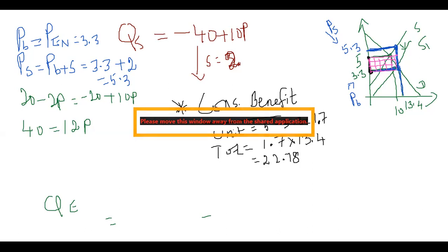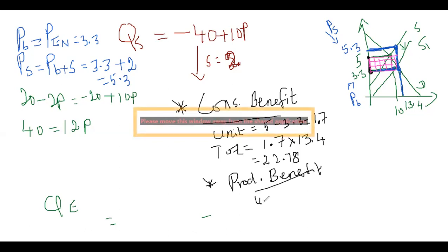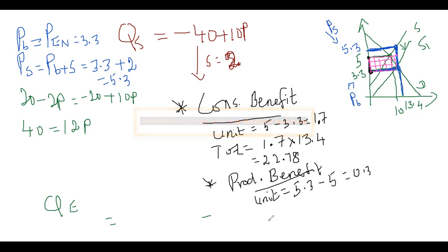Then when you come to the producer benefit, you calculate the producer benefit. Producer benefit for a unit should be seller's price minus equilibrium price. Because before the subsidy, sellers collected 5 rupees. Now they are collecting 5 rupees and 30 cents. Therefore, they collect an extra 30 cents. So 5.3 minus 5, therefore 0.3 producer benefit per unit.